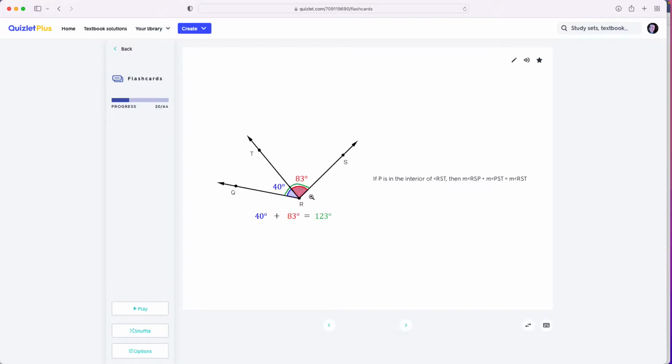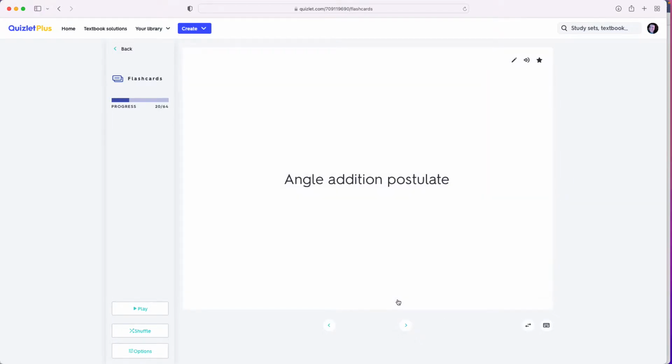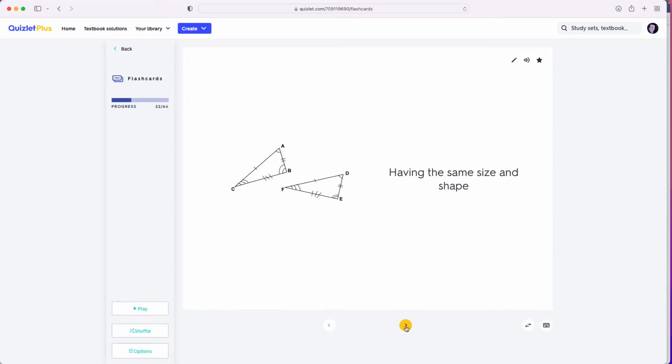That is called the angle addition postulate. And it is the same thing for a line. If you have AB and BC, you can add them together and find the length of AC, and that is the segment addition postulate. If they have the same size and shape, then they are congruent.